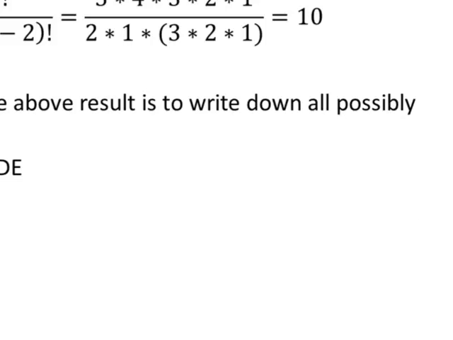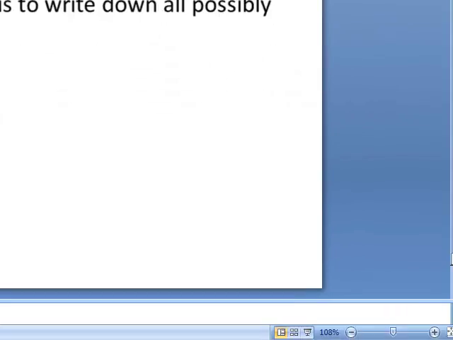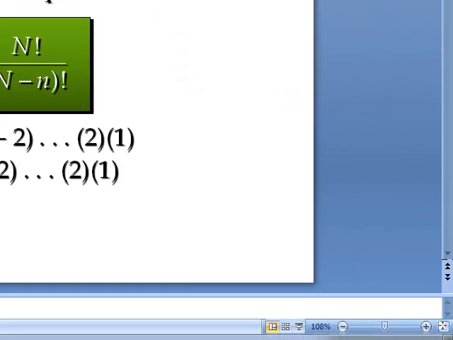But what if we care about the order? What if we care that AB is not the same as BA? What we then use is the counting rule for so-called permutations. With permutations, we get a number small n from a larger set big N, and the order of selection is important.